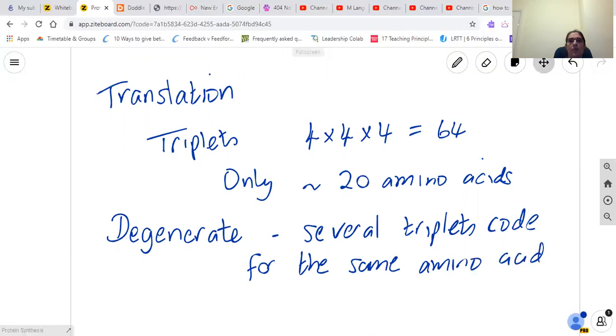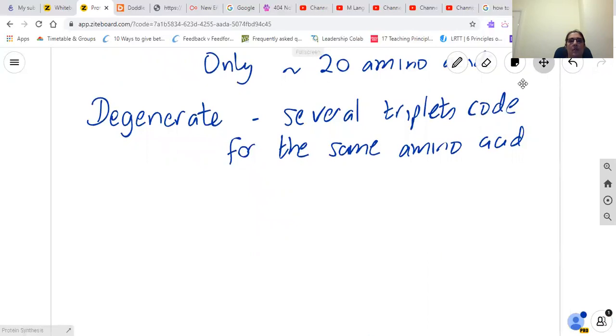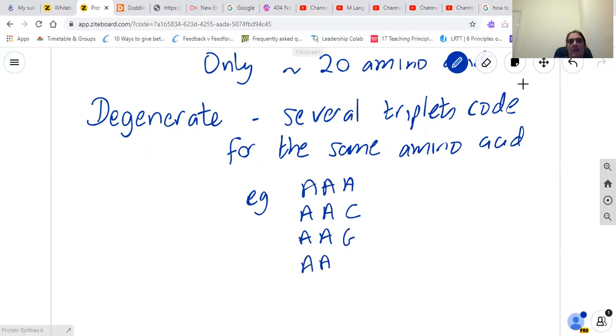So, for example, it may be that A, C, G, U may all code for the same amino acid.